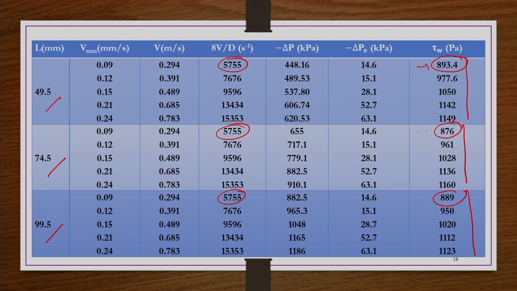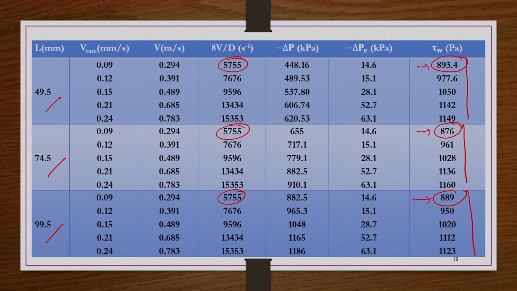So, they are almost the same, not exactly the same, but very close to each other. As I said, this 8V by D is also not exactly the same, they are close to 5750, 5760 like that. So, then we have done the averaging and written like this.